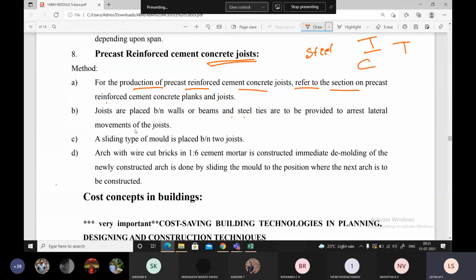A sliding type of mold is placed between the two joists. An arch with wire cut bricks in 1:6 cement mortar is constructed immediately. Immediate demolding of the newly constructed arch is done by sliding the mold to the position where the next arch is to be constructed. Okay, this time I will tell you complete details.